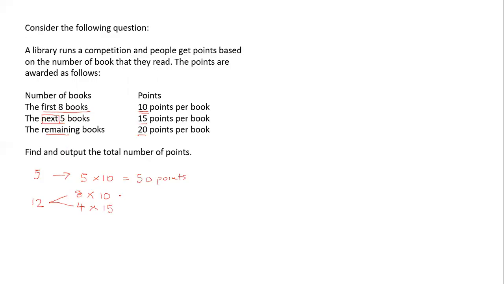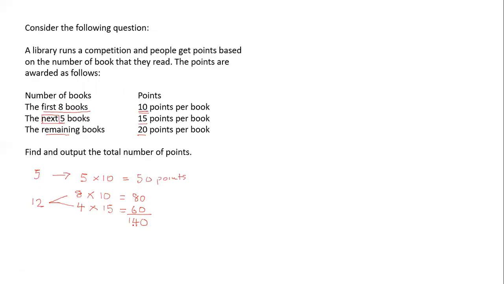So 8 times 10 will give you 80 points for the first 8 books, and 4 times 15 will give you 60 points for the remaining 4 books. So in this instance, you will get a total of 140 points.